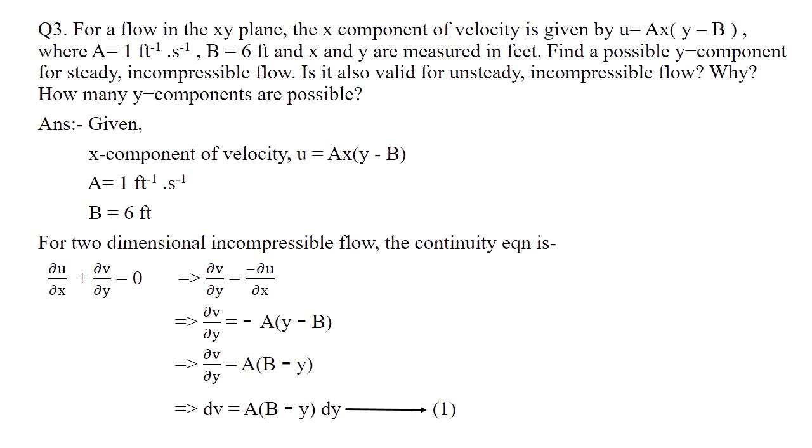So we will put del u by del x to the other side, so del v by del y is equal to minus del u by del x, and then we will put the values of u here. Del v by del y is equal to -a(y - b). So we will get dv = a(b - y) dy, and let us mark it as equation 1.